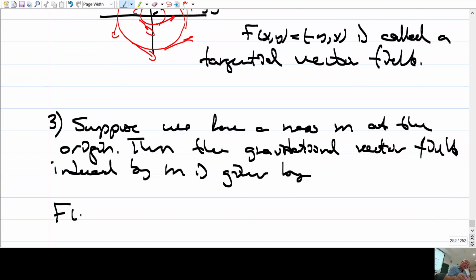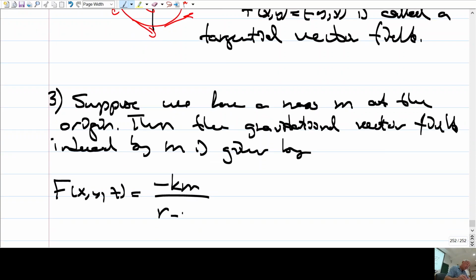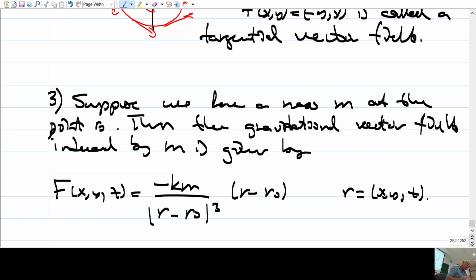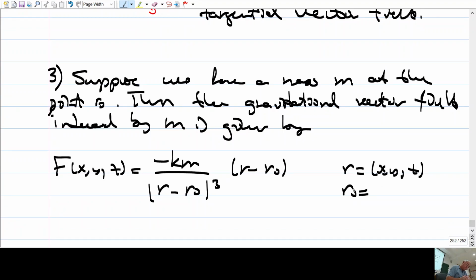right, f(x, y, z). This is minus k times M times r minus r0, let's say at the point r0, divided by the norm of r minus r0 cubed, where r is just x, y, z, and r0 is x0, y0, z0.